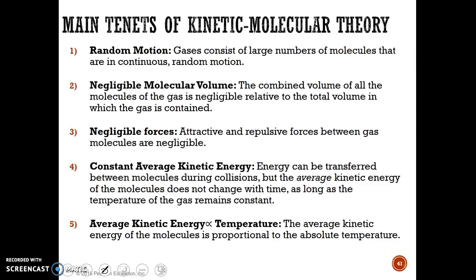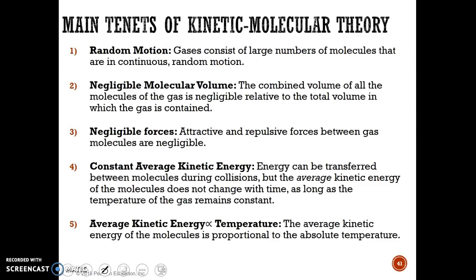So the kinetic energy of these molecules is proportional to the absolute temperature. And remember, one of the laws is energy cannot be created nor destroyed. It could be transferred though. So energy can be transferred between molecules during collision.